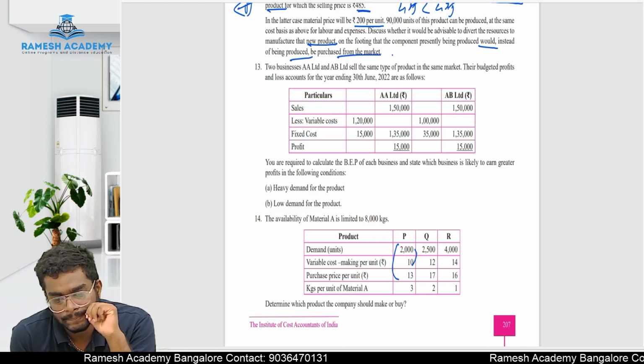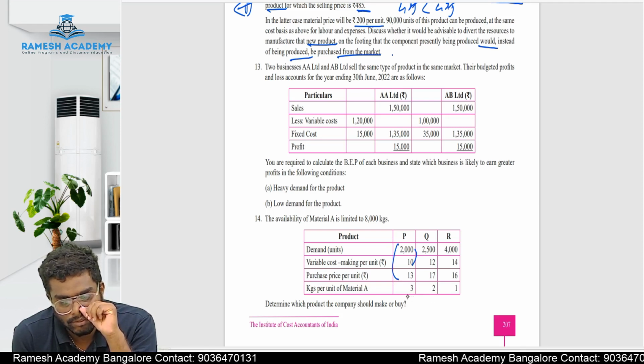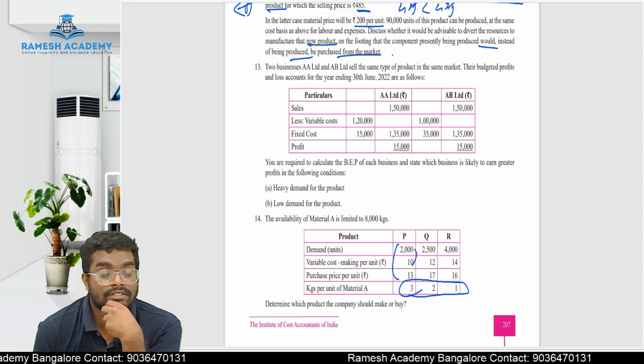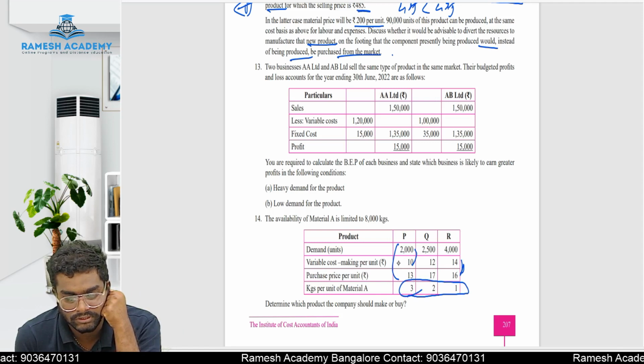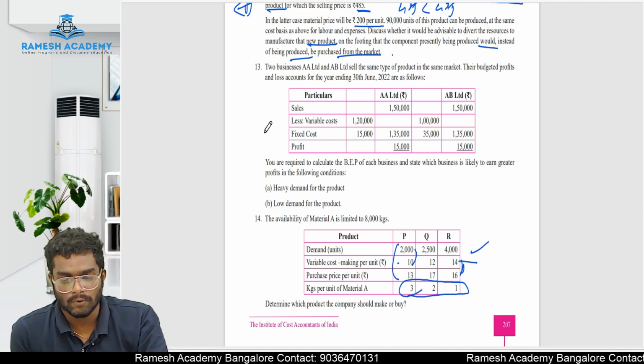Which is less? Go for it. The kgs tell how many units of A each is required. Compare these two, which is easy. In all the scenarios making is better, because the prices in the external market are higher.